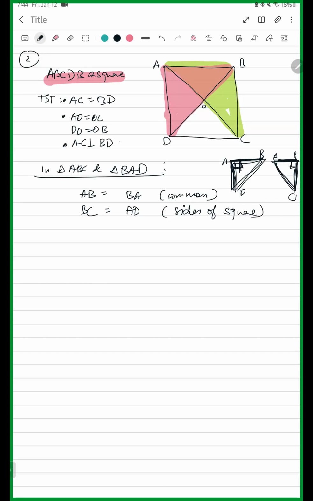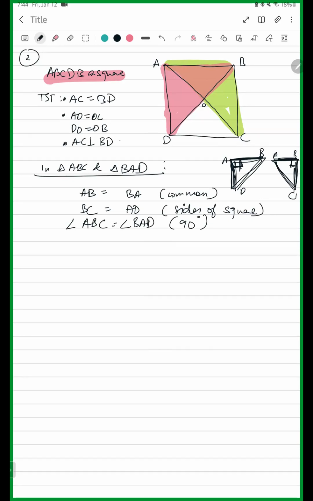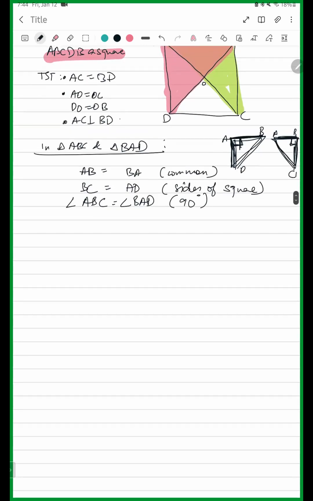So angle ABC is equal to angle BAD because all the angles of a square are 90 degrees. Now here is the important part: you need to identify which rule we are using to prove them congruent. So triangle ABC is congruent to triangle BAD by what?